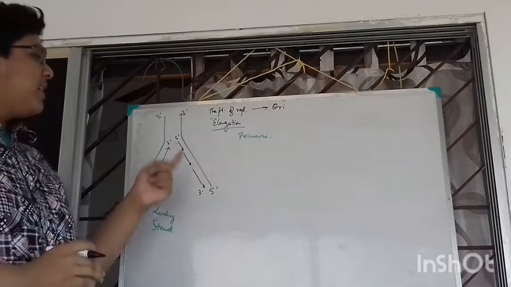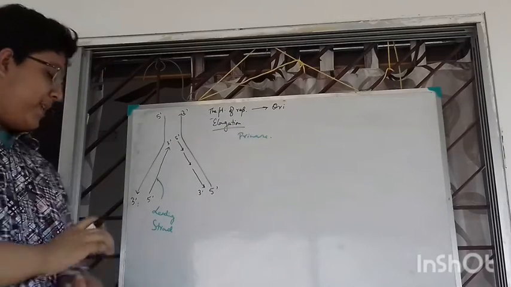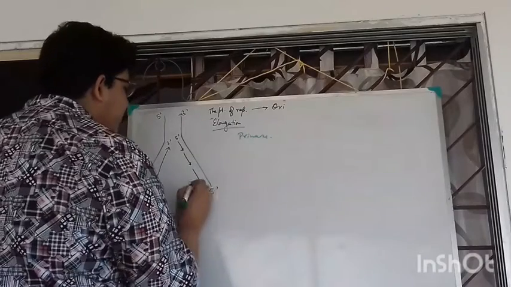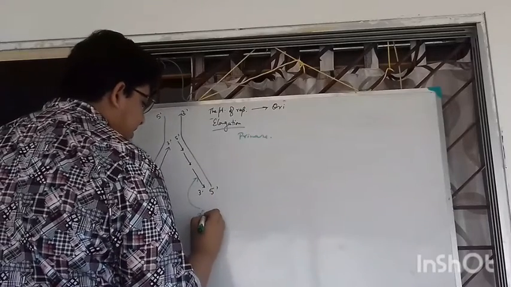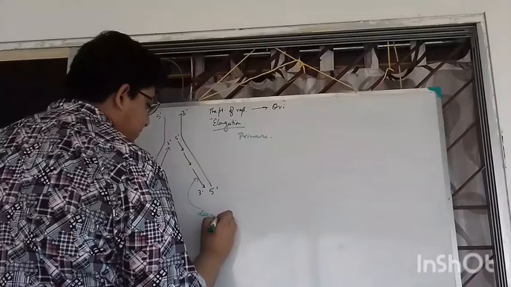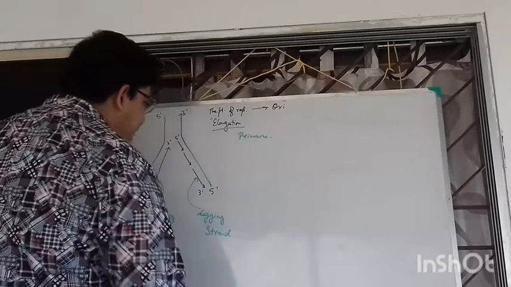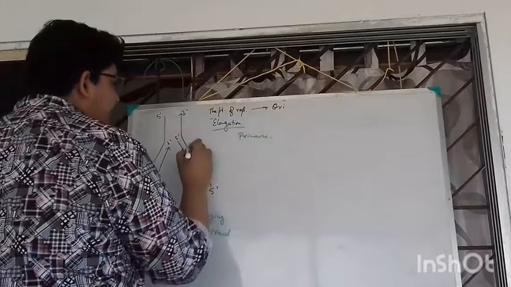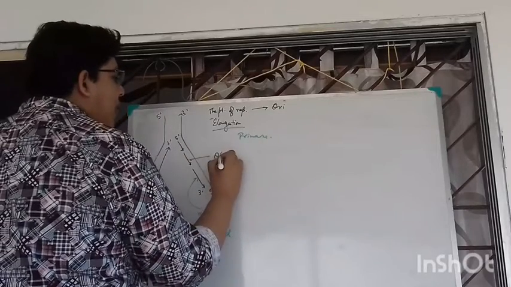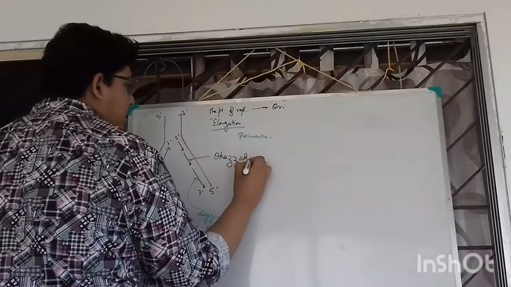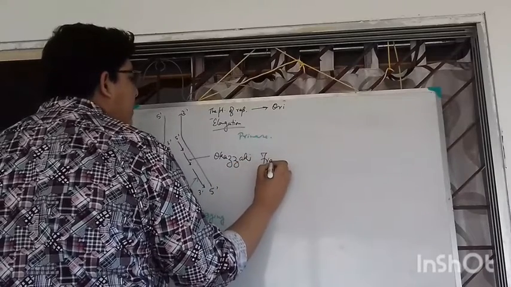This is known as the lagging strand. These fragments of DNA are termed Okazaki fragments.